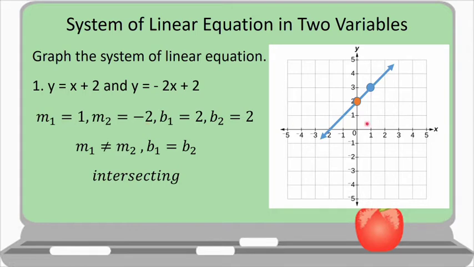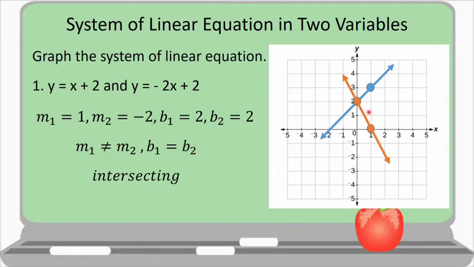We count 2 units downward because it is negative, so we have 1, 2, and then 1 unit to the right because of positive 1. This will be the location of the new point. We connect these 2 points by a straight line, and this is the graph of y equals negative 2x plus 2.